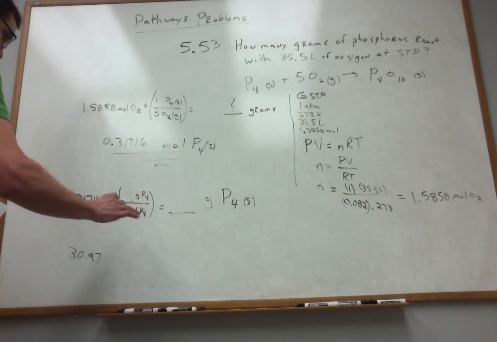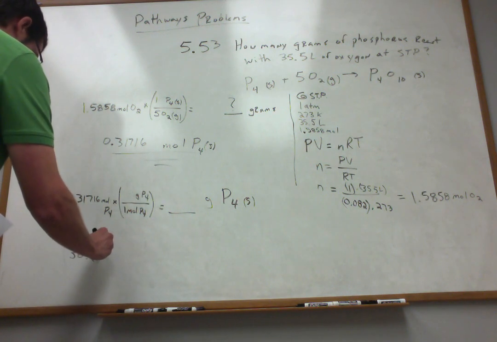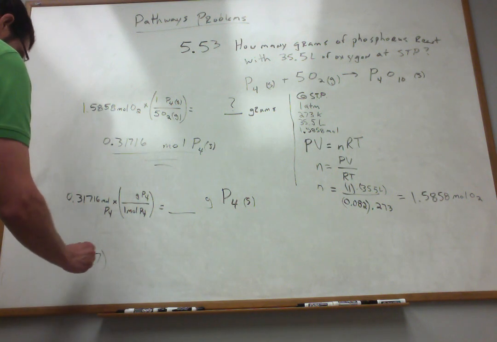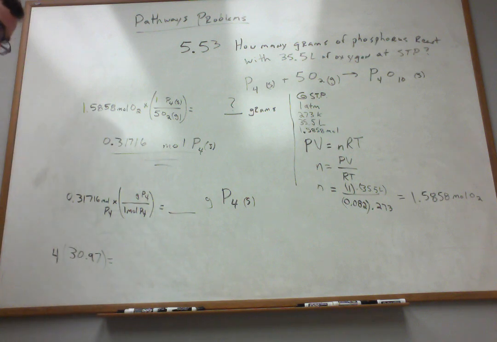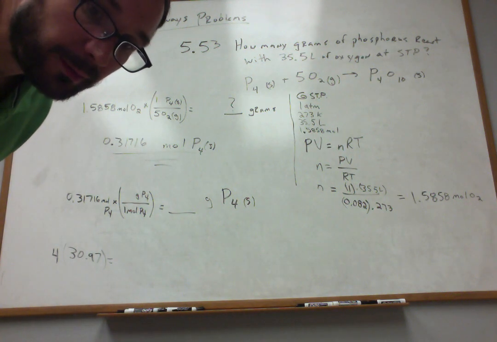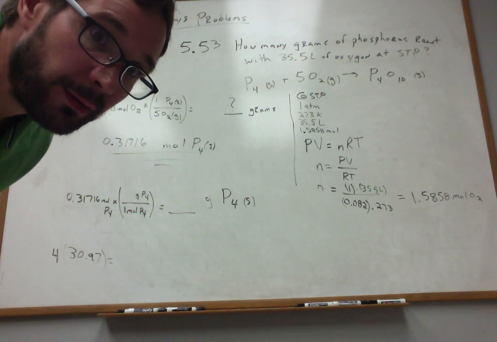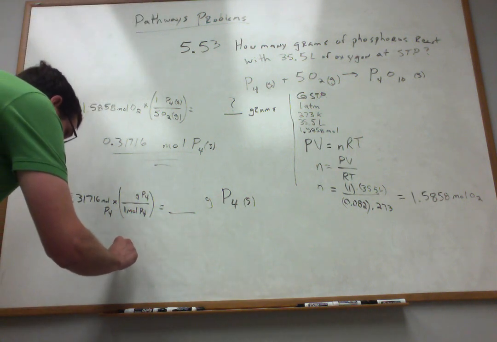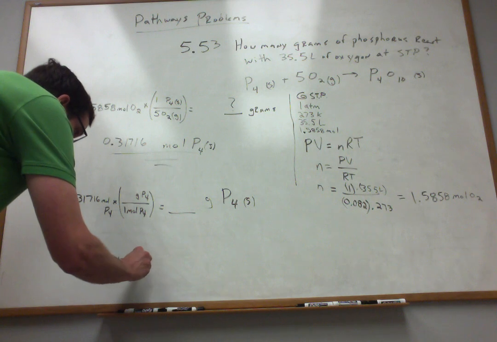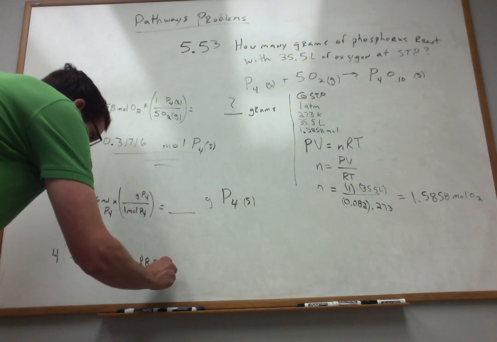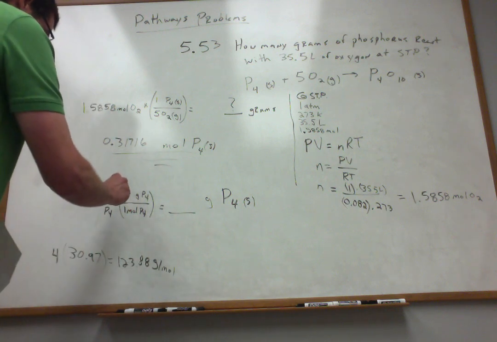Now I don't want to put that here, because my formula specifies P4 comes packaged in that way. So I need to multiply 4 times 30.97, which yields 123.88 grams per mole for the P4.